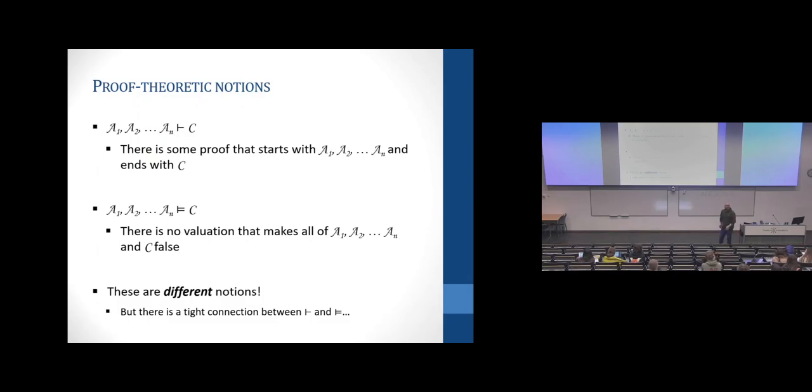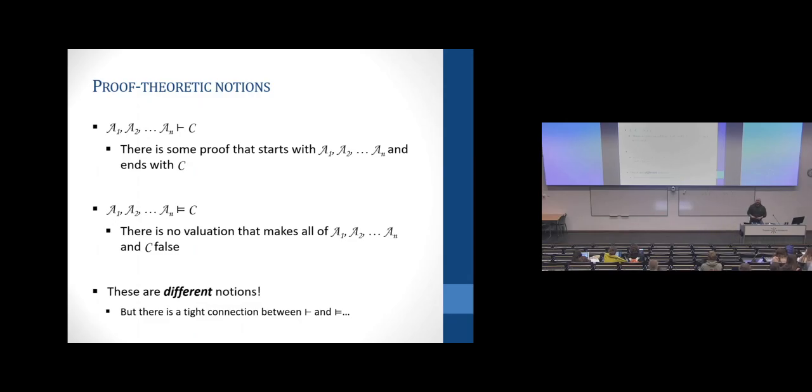The double turnstile is deeply concerned with the truth or falsity of the relevant sentences. And we can talk loosely about truth or falsity with our provability, but note that that never really enters in. We're only thinking about syntactic manipulation. We talk about assuming as true, but that's just fast and loose.